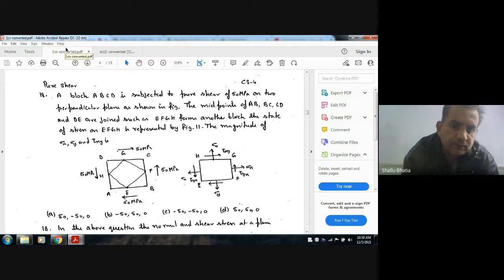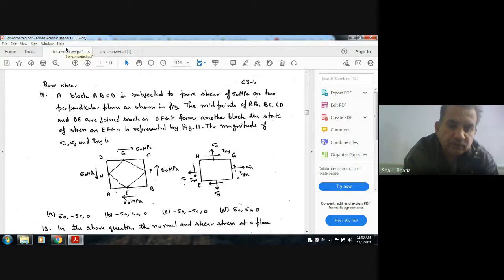The first figure is subjected to a pure shear of 50 MPa, and in the second figure sigma x, sigma y, tau yx and tau xy are applied at HGFE.